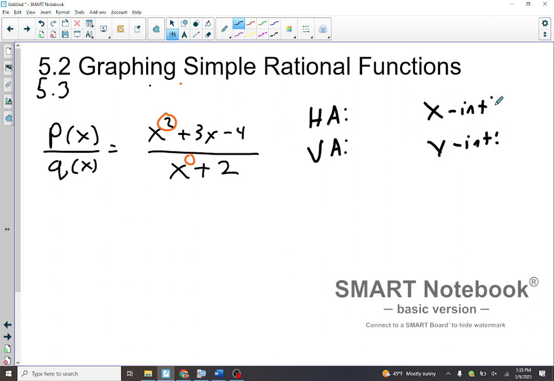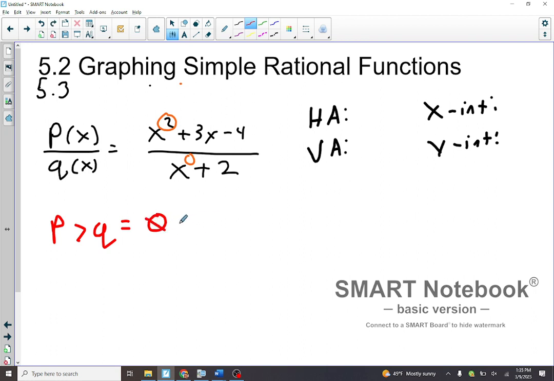Now, the horizontal asymptote depends on the P and Q, so I'm going to talk about that first. If P is greater than Q, aka the top has a higher power than the bottom, there is no horizontal asymptote.